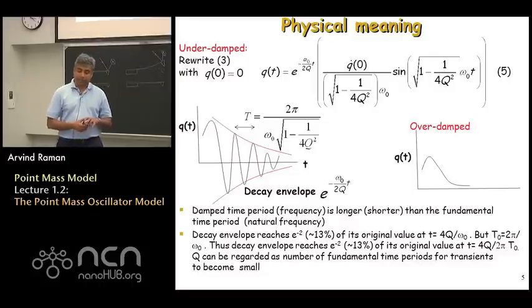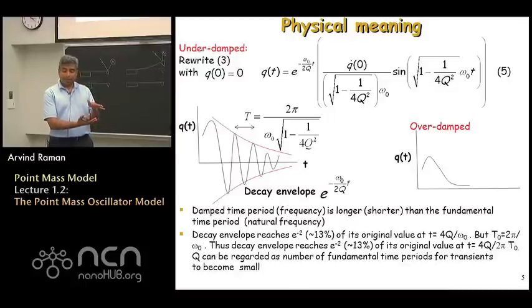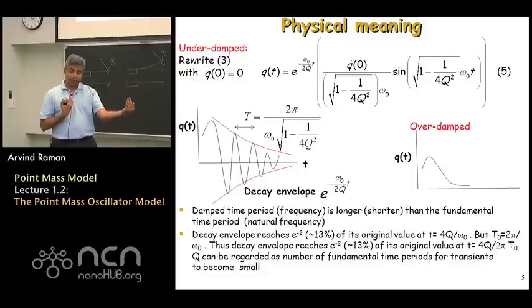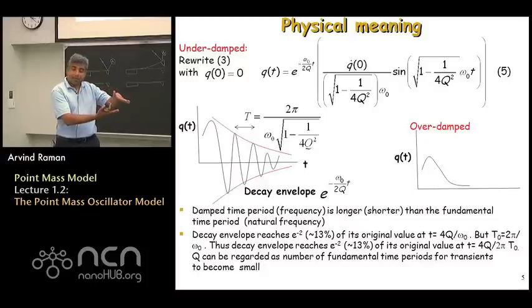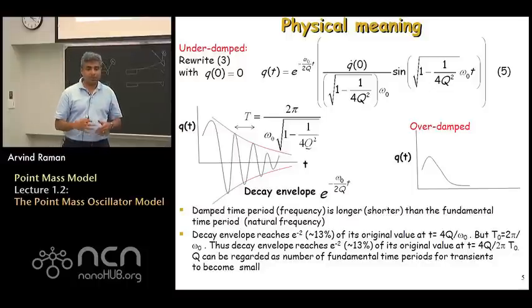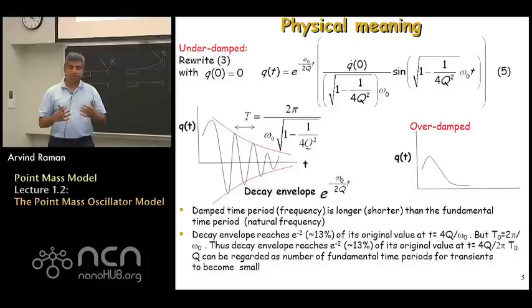You can easily look at that expression and conclude that when time marches forward from 0 to 4Q divided by omega naught, the decay envelope reaches a value of e to the minus 2 of its original value. e is the Euler number, about 2.7, and so e to the minus 2 is roughly 13% of the original amplitude.